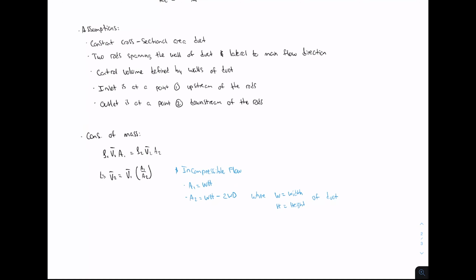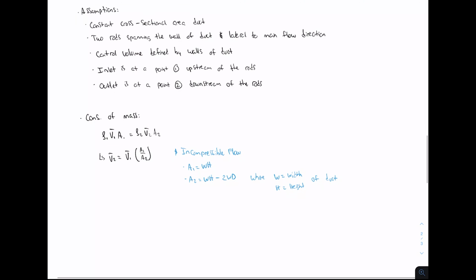Now we're going to plug these in and solve for V2 once again. Now our outlet velocity is going to be V1 over 1 minus 2 times the diameter divided by the height of the duct. Now remember, we did this based on the assumption of having 2 rods in the system, so we're going to change this to n rods for the system, because we have more than 2 rods.